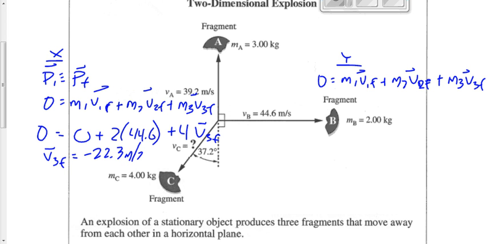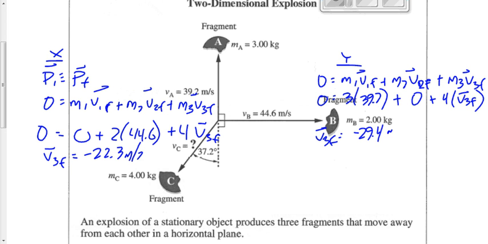And you do the same thing for the Y component, but this time there is a Y component. It's 3 times 39.2. Know what's initial, know what's final, and know what is X, and know what is Y. And don't mix those up. The Y component of the second one is 0 because it's all on the X-axis. Solve for V3F here, and V3F for the Y component works out to be negative 29.4.